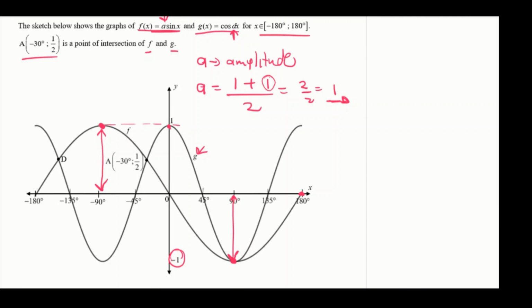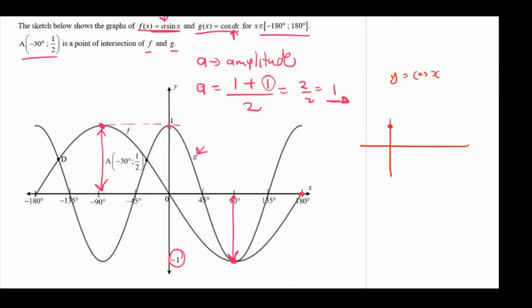What I need you to note is the normal graph of g of x. If you have y equals cos of x, for example, the graph will start here, move down, and end here. So let me just fix the graph.